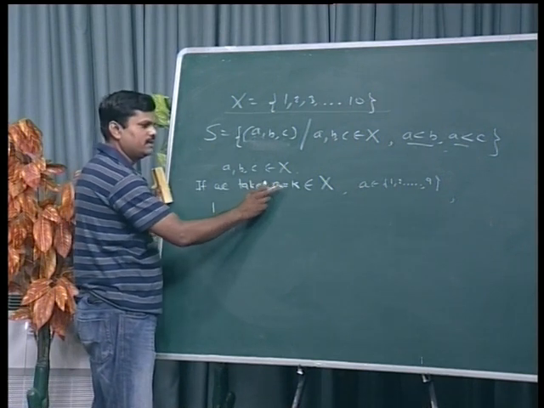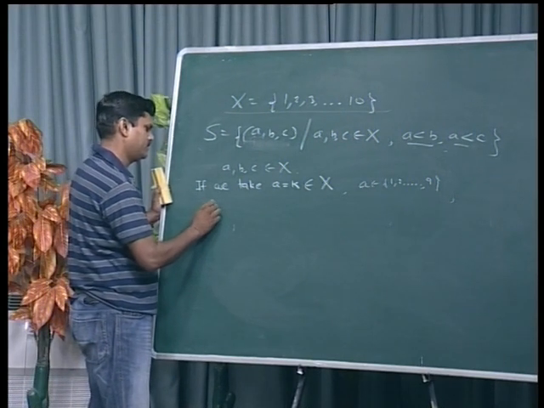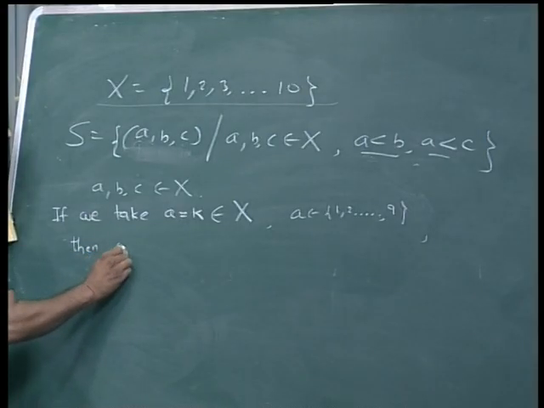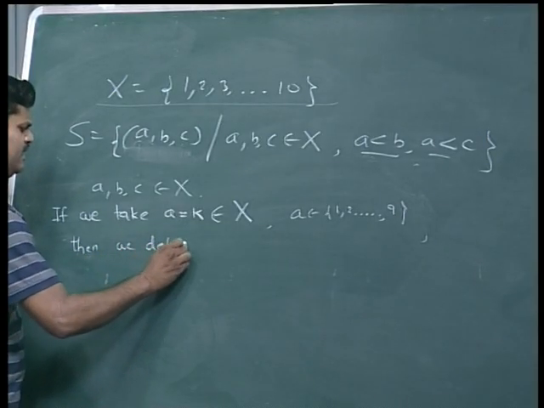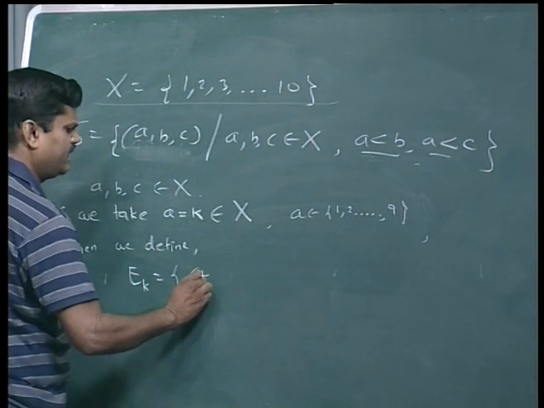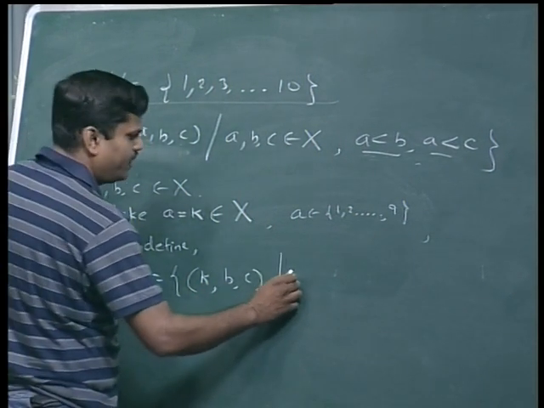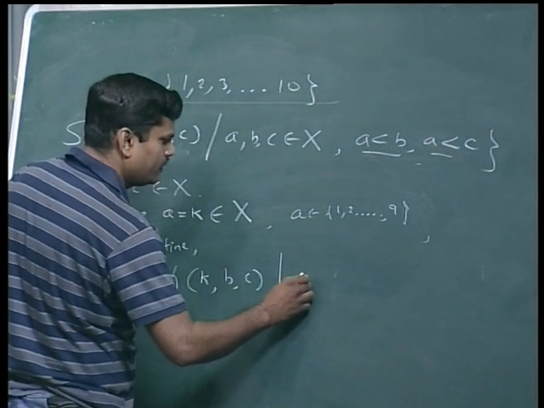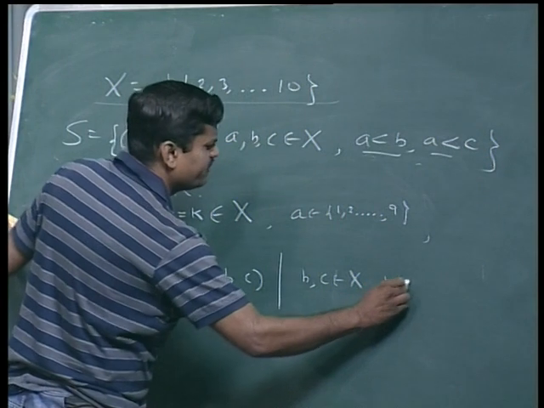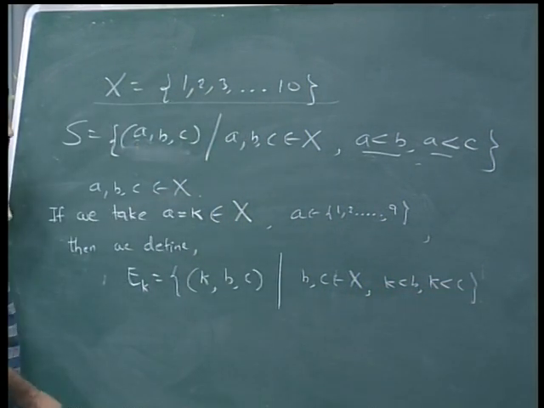For each A equal to K belonging to X, we define a set EK equal to K, B and C, where B and C belong to X and K less than B and K less than C. These are the conditions.